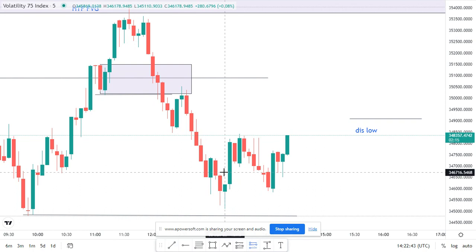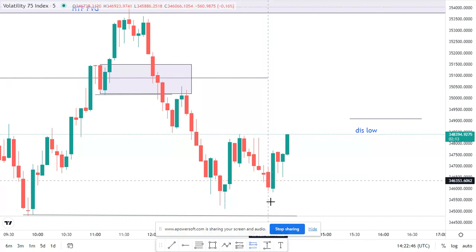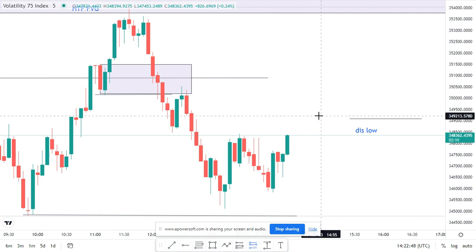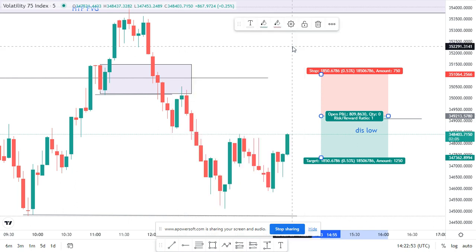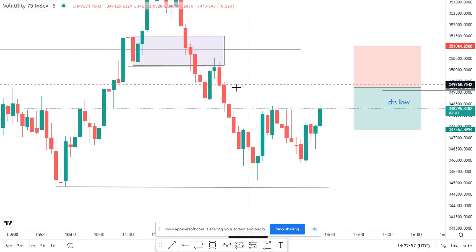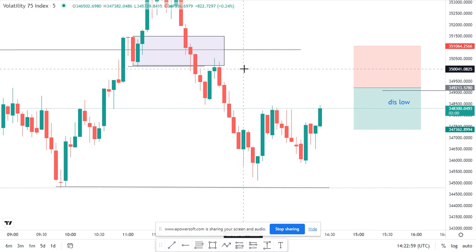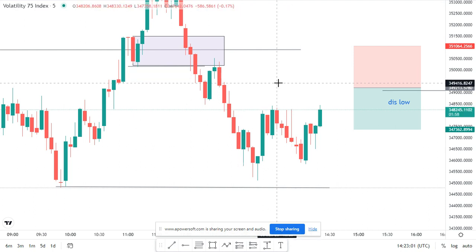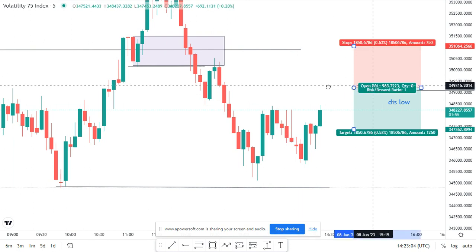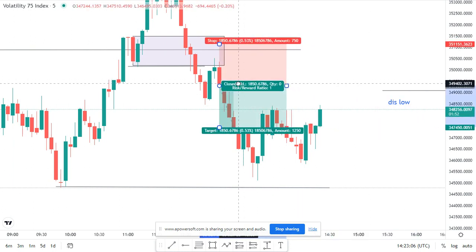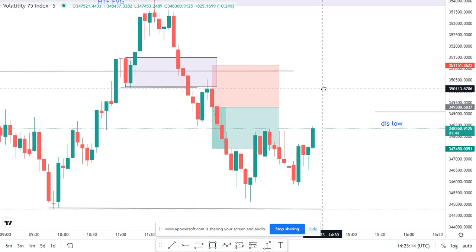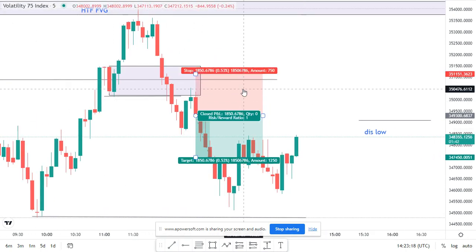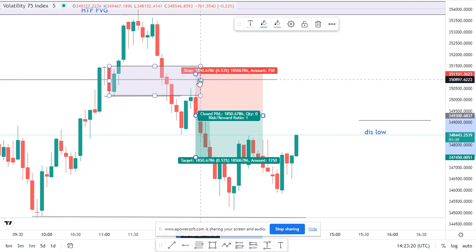In this case, we have a rejection candlestick followed by an engulfing. So you could take your entry here. If you wait for the candlestick pattern, you now have confirmation that this key level is holding price.